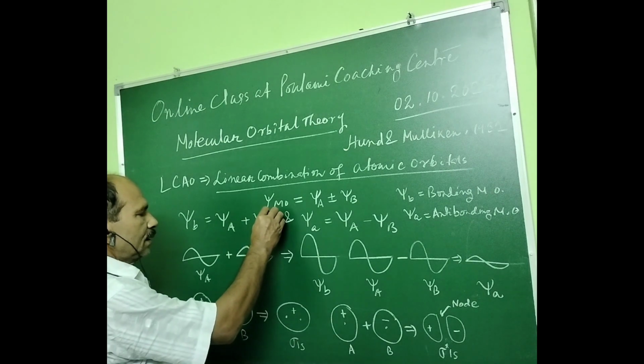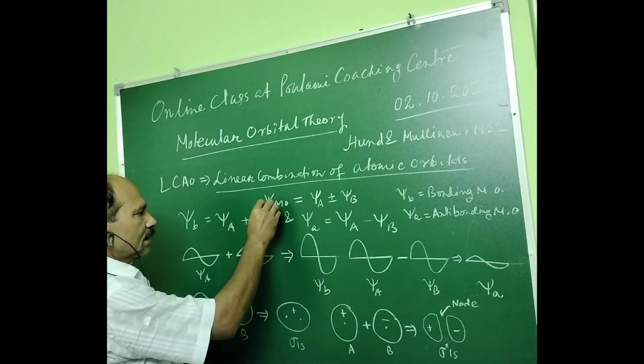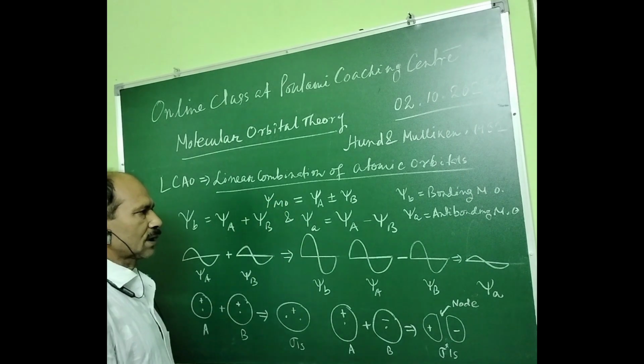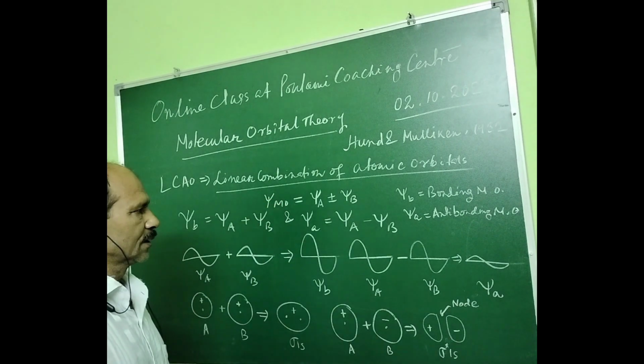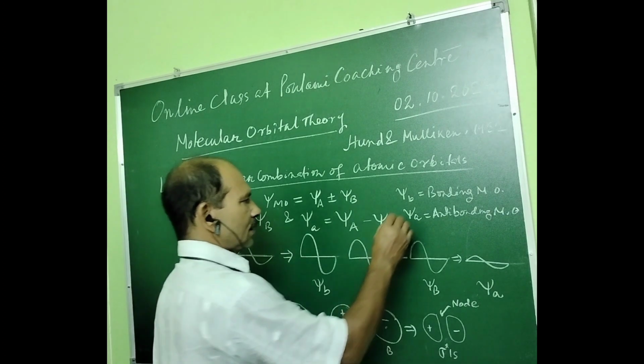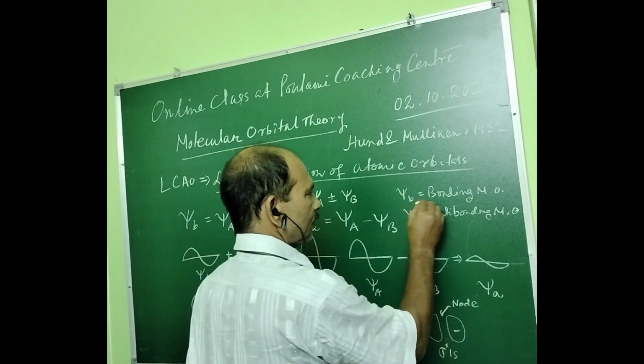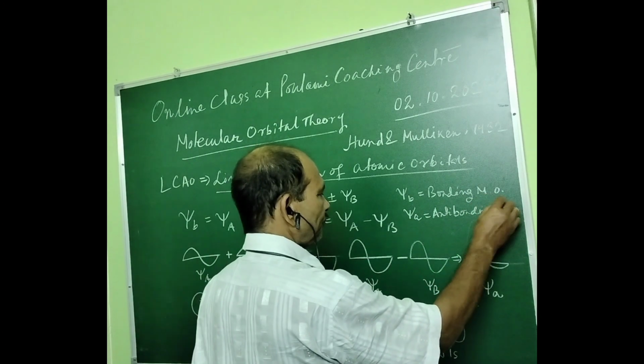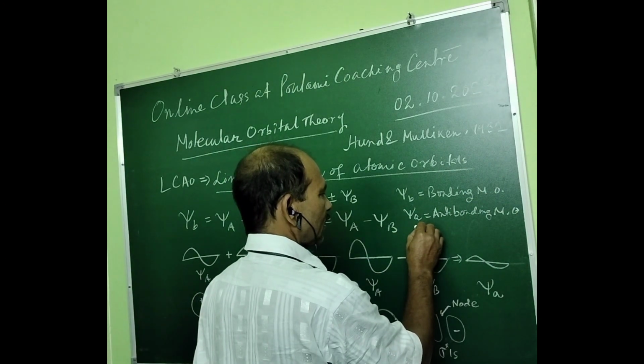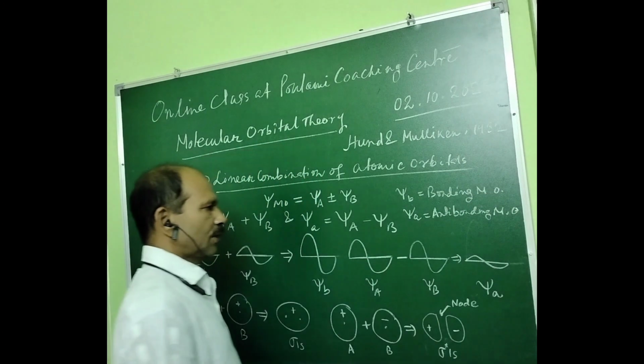So the resultant wave function psi M equals psi A plus or minus psi B, where the plus combination represents the bonding molecular orbital and the minus combination represents the antibonding molecular orbital.